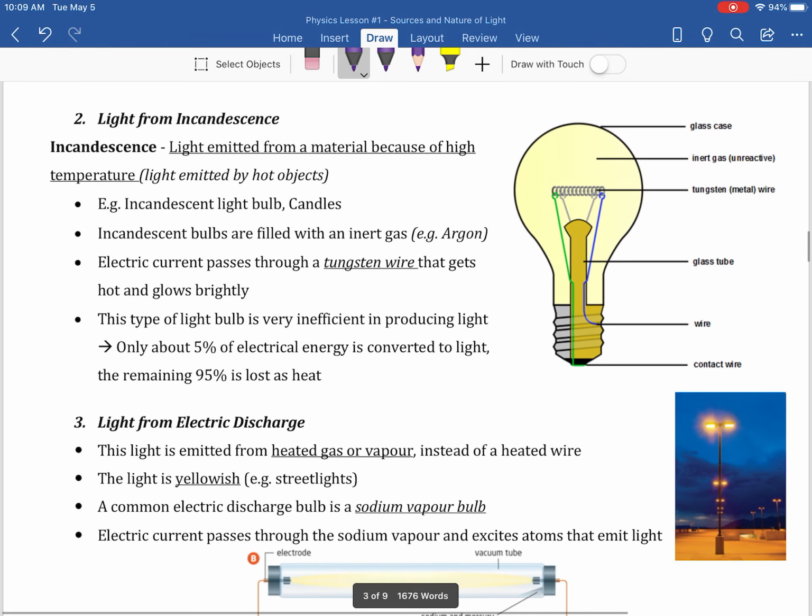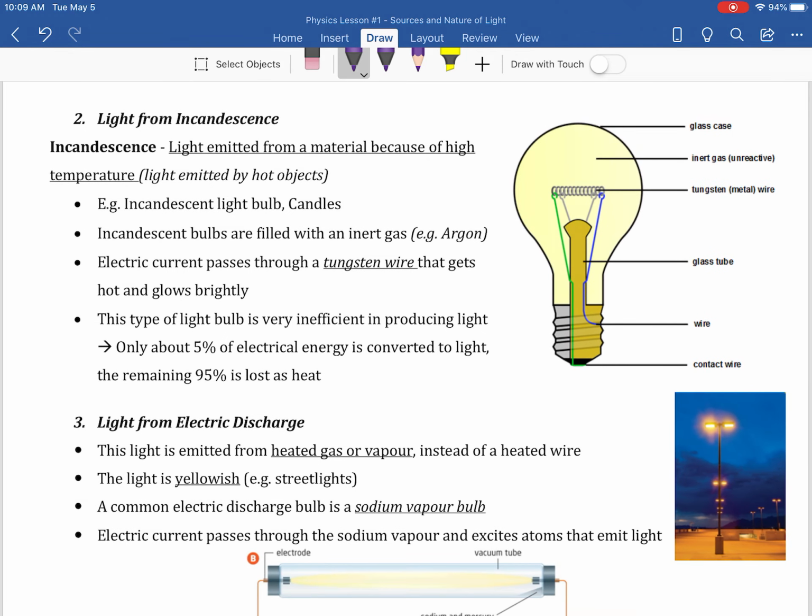Then we've got light from incandescence, and incandescence is light that comes from heat. And you would have learned this last year in your electricity unit. But if you remember, any kind of light that comes off from heat, it's like a byproduct, okay?